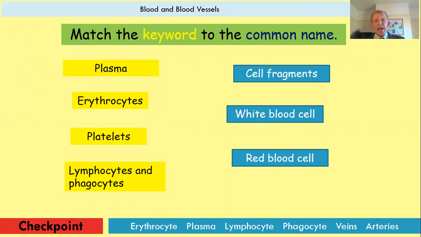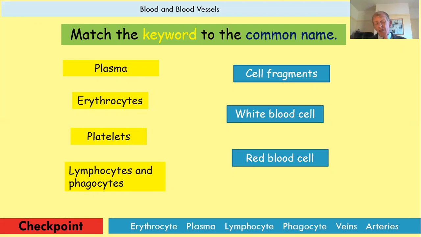What we've got here is four words down the left-hand side in yellow. What I'd like you to do is pause this video very quickly, write those words out, and then draw a single line from each of the yellow boxes and connect it with a common name, a word you may have been more familiar with, on the right-hand side.